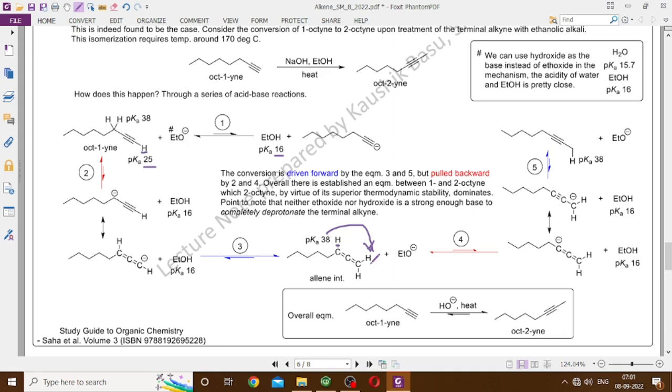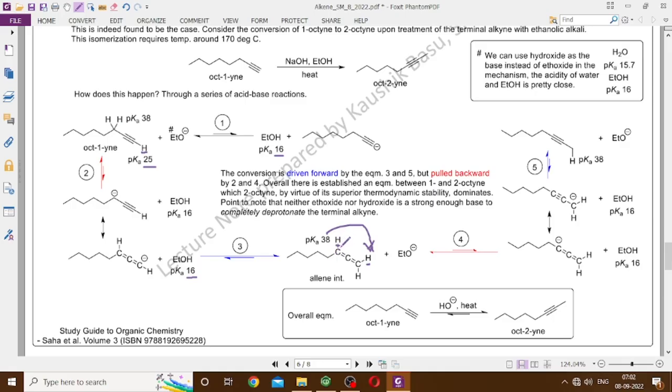This hydrogen and that hydrogen will not have exactly the same pKa, but let's assume they're very close. So if it has a pKa of 38 and this has a pKa of 16, then where should the equilibrium lie? Obviously in the forward direction. So number 2 equilibrium is favoring this one, but number 3 is favoring that one. Okay, that's interesting.